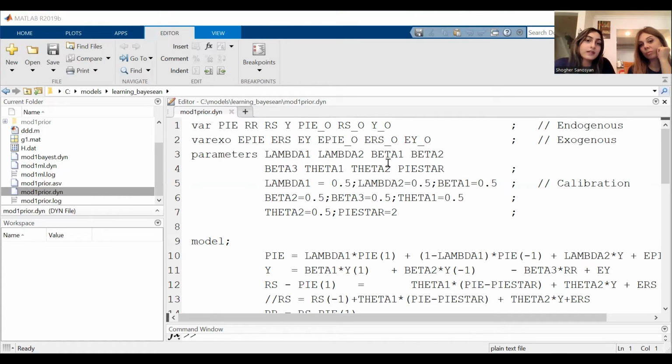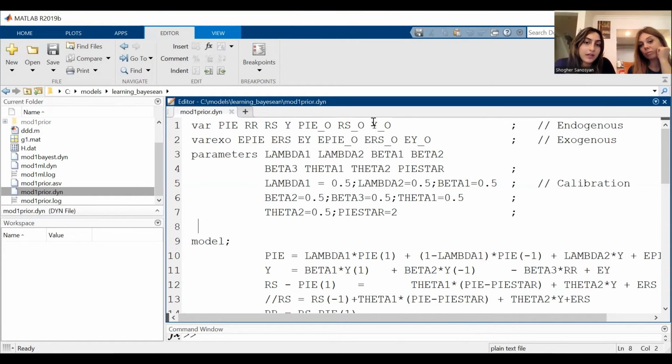The first line in Dynare MATLAB is the place where we introduce our endogenous variables. For example, pi, which stands for inflation, RR, the real interest rate, RS, the short-term nominal interest rate, and Y, the output gap.